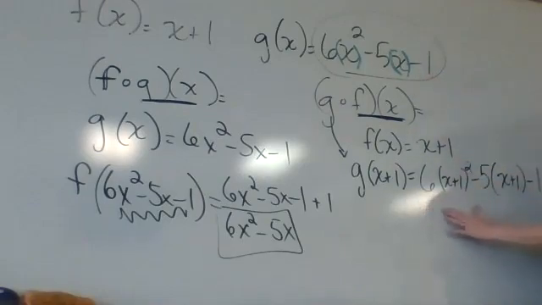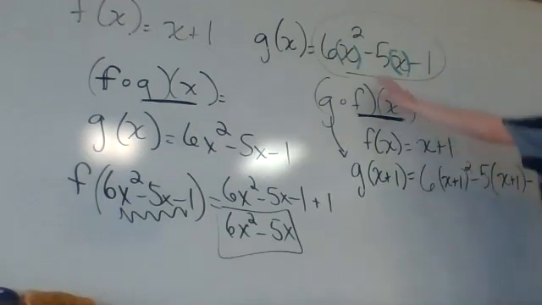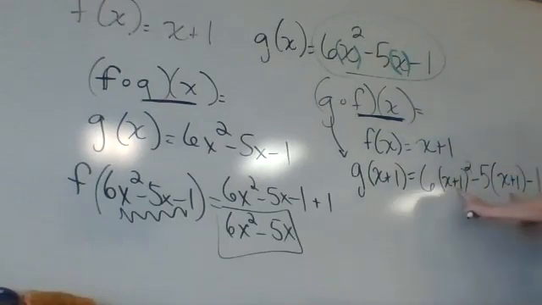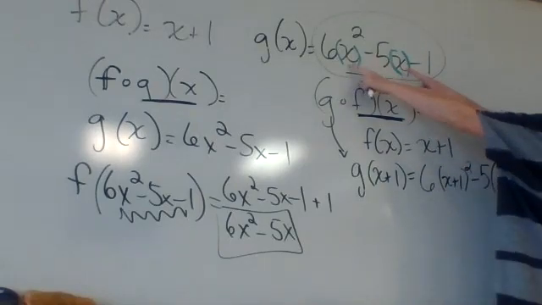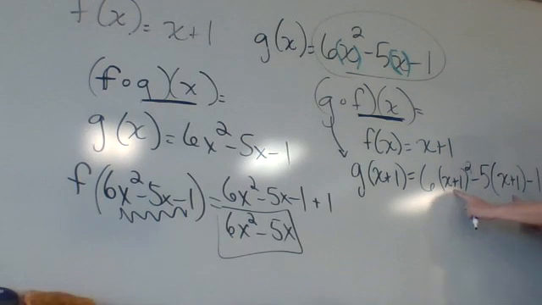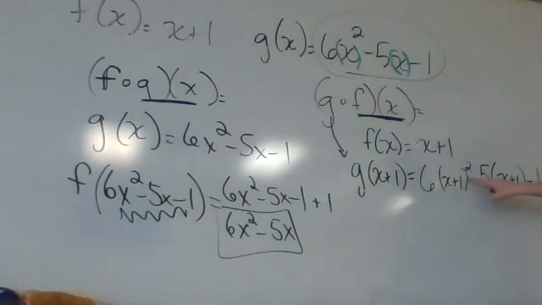Again, you'll notice this is exactly this function, and instead of the x's, in both those spots I put x plus 1s. Now I've got to figure out what this mess is. I've got to do this exponent first. So x plus 1 squared means to multiply x plus 1 times itself, so I'm going to have to FOIL here.